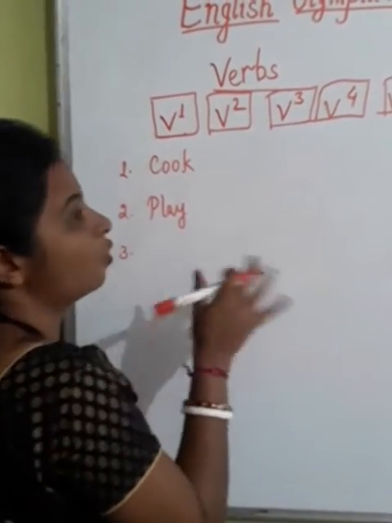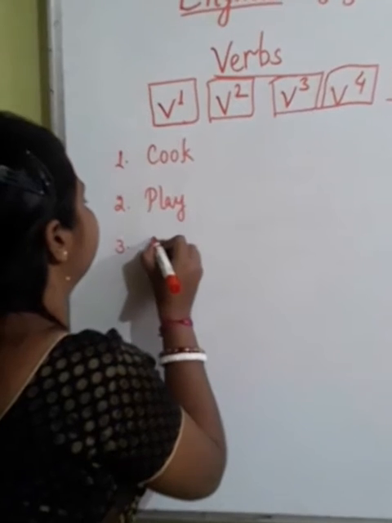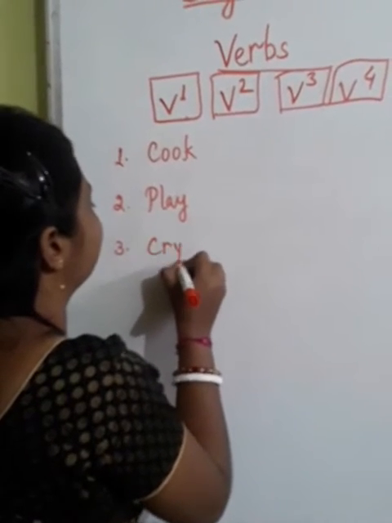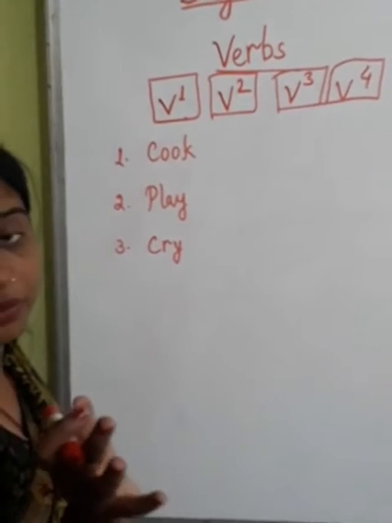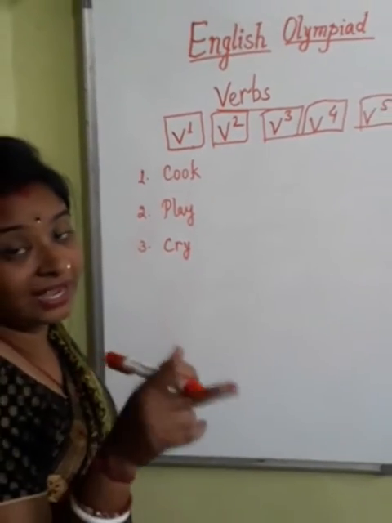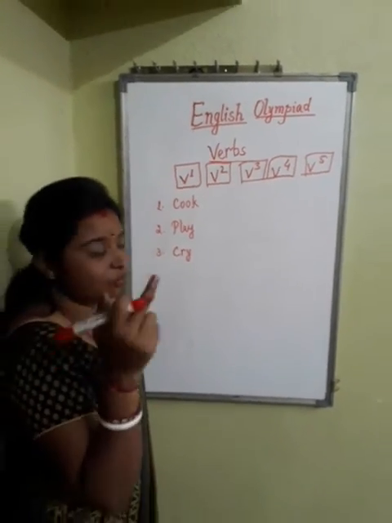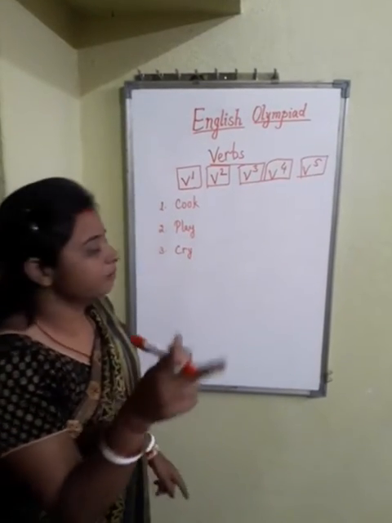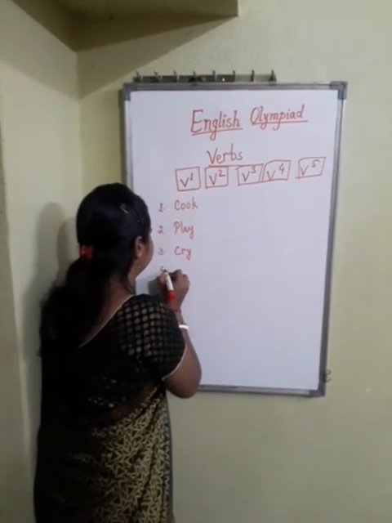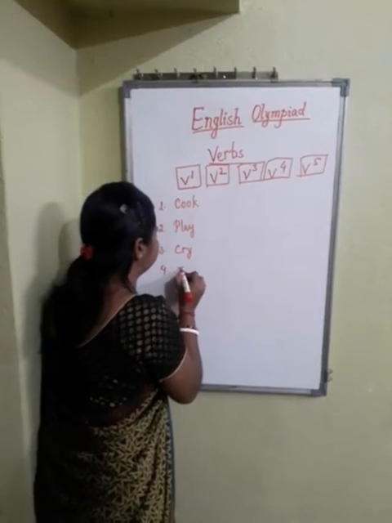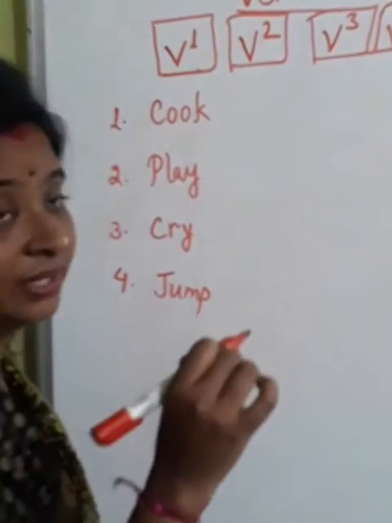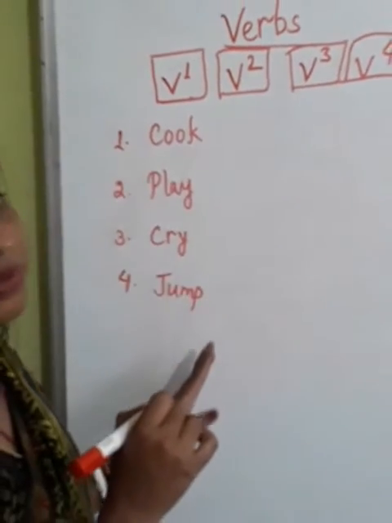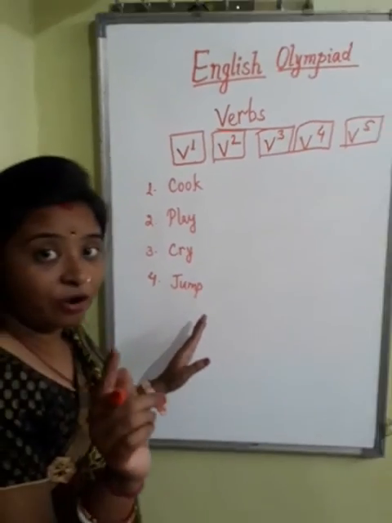Let me use some common words so that you can understand. Though fly is also an irregular verb, I have already discussed fly, flew, flown. So just go through the old videos also. Another one, jump. Now let me write these. These all are V1. First form of the verb.